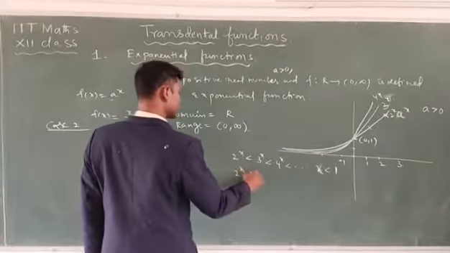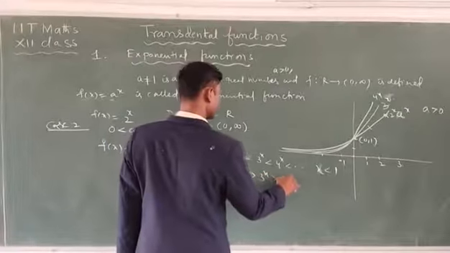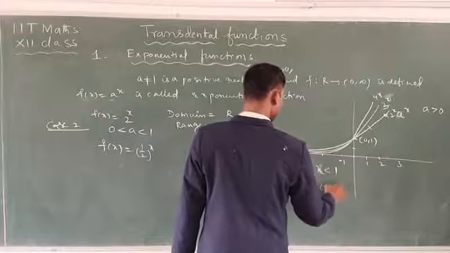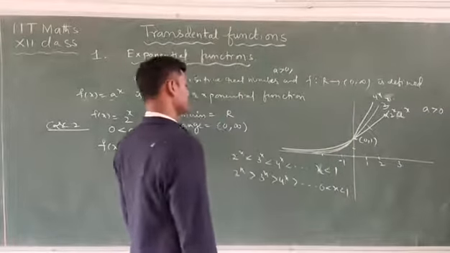And 2 power x is greater than 3 power x is greater than 4 power x, where x lies between 0 and 1.